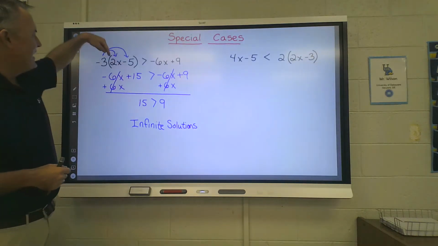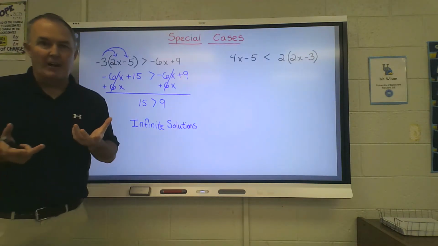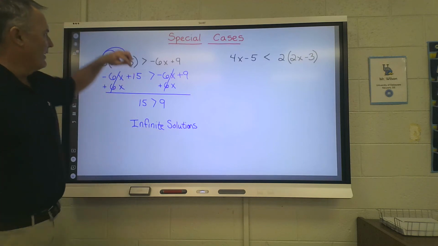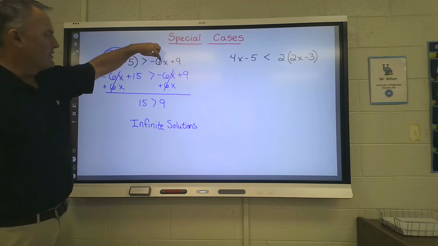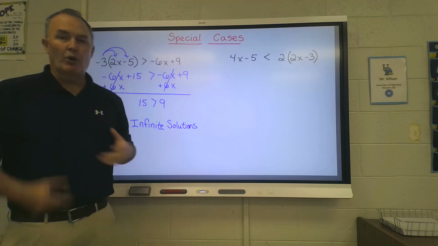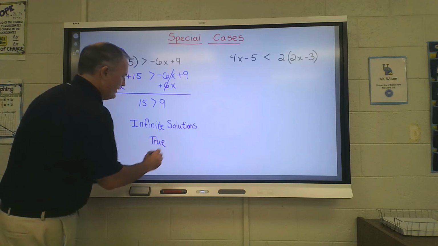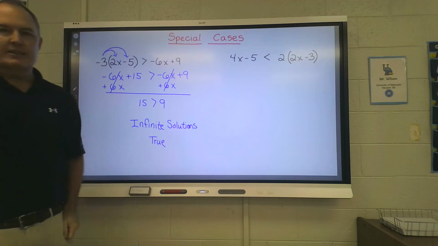What this means is any number I plug in, because it has to be the same number since the variable is on the same side, whatever number I choose, when I plug it in for x over here and over here, it will not change this. It will always be true. So this is true because any number we plug in makes it a true statement.